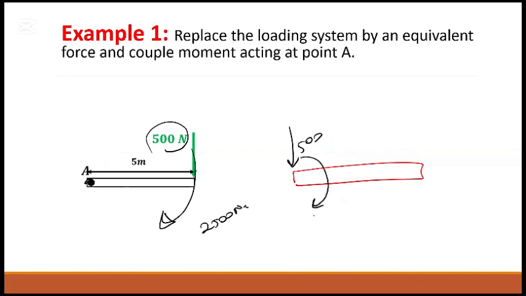So I bring that one as well. If you have many forces, you can still do the same thing. One by one, you replace each force by a force and a moment. If you have another force, that force also you can replace by a force and a moment.